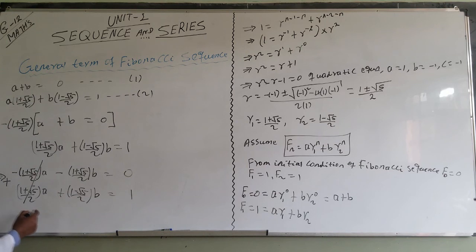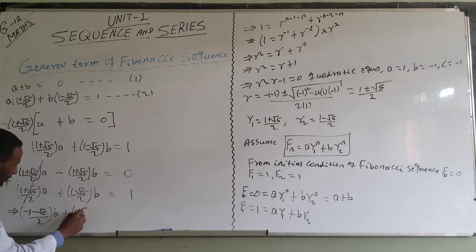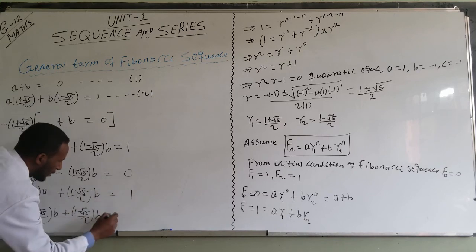Then this implies that negative (1 minus square root of 5) over 2 B plus (1 minus square root of 5) over 2 B is equal to 0 plus 1, which is 1.